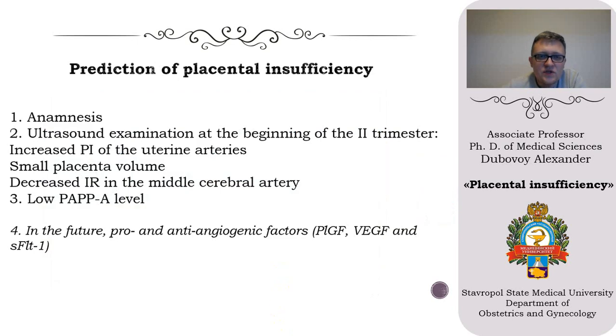And prediction of placenta insufficiency: anamnesis, ultrasound examination at the beginning of the second trimester, increased pulsatility index of the uterine artery, small placenta volume, decreased resistance index in the middle cerebral artery, and low PAPP-A level.